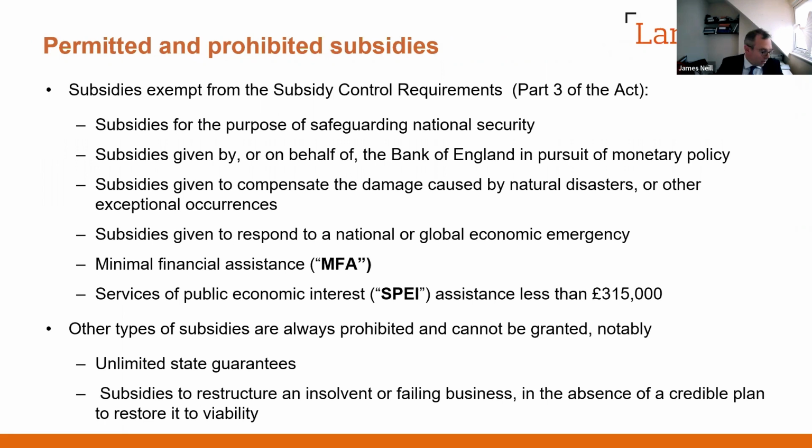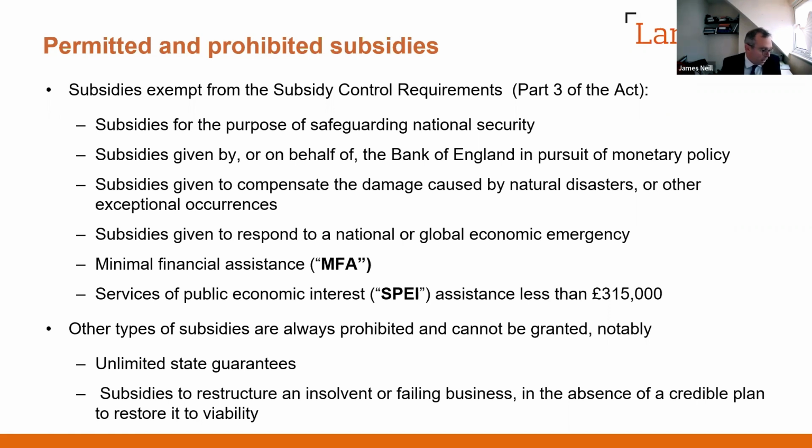Now, those are the main principles. I'll come back to what the guidance issued by BIS says and how that guidance can help in understanding how those principles should be applied. But before I do so, I just want to touch on permitted and prohibited subsidies and how the Act deals with those.